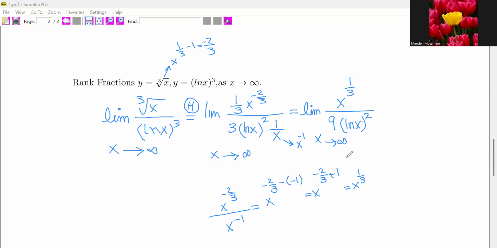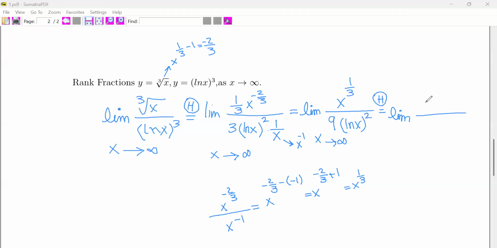So when we have x approaching infinity, it will still be infinity over infinity, and we can take the derivative, so we can use the L'Hopital rule again. Taking the derivative of the top gives us 1 over 3 x to the power 1 over 3 minus 1, which means negative 2 over 3, over 9 times 2 ln x to the power 1 times 1 over x, when x is approaching infinity.